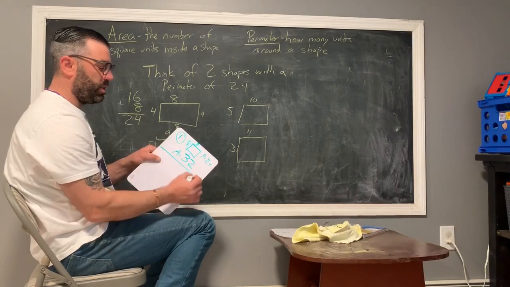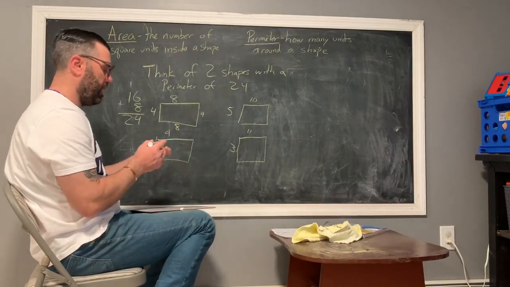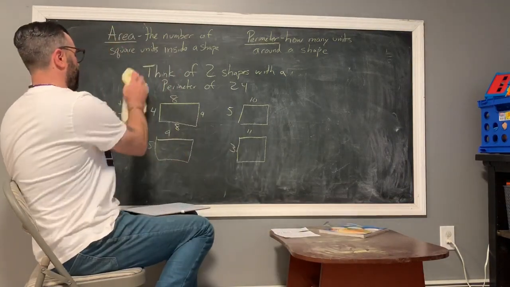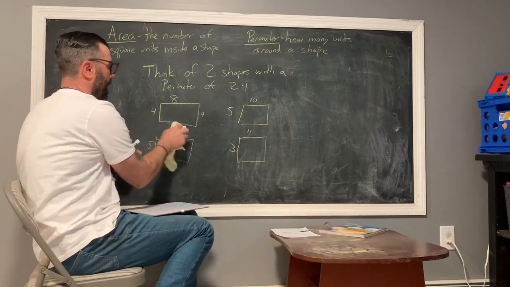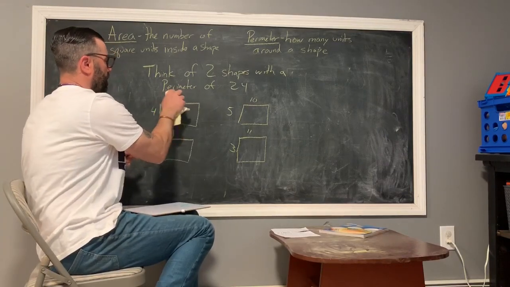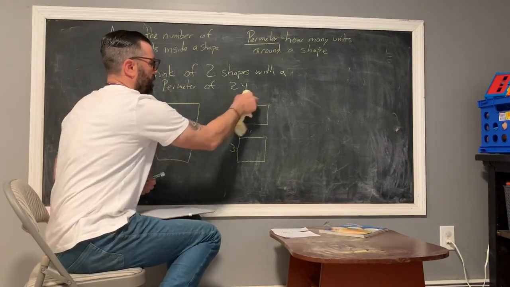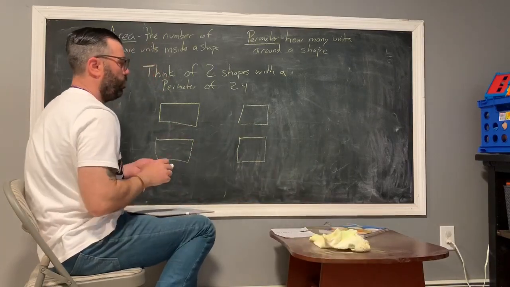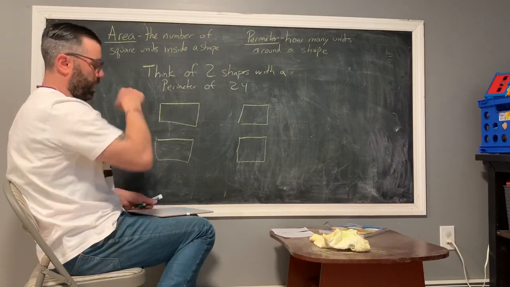Then the screen is going to bring me to another question, and all these shapes are going to be different, okay? And they're going to say, find the other one with a perimeter of 24.